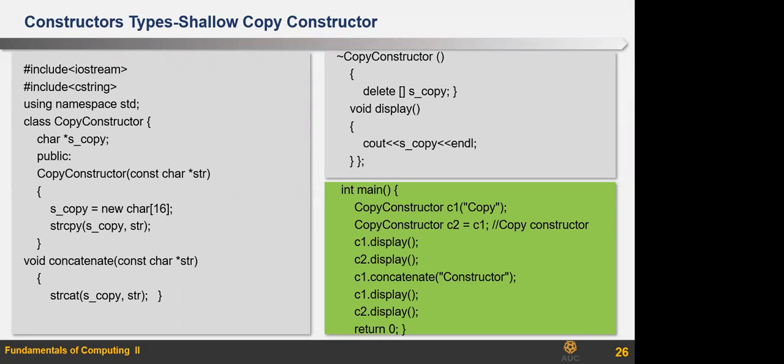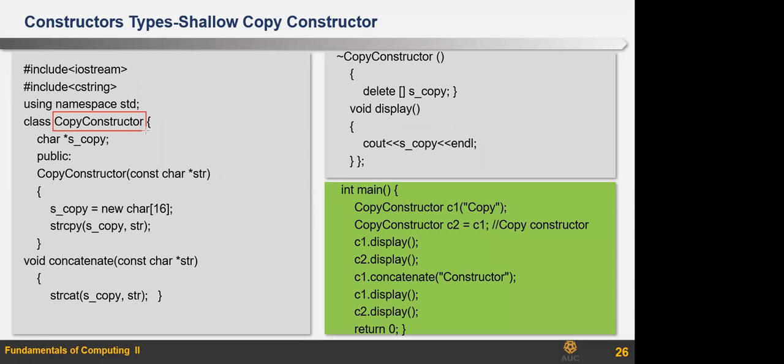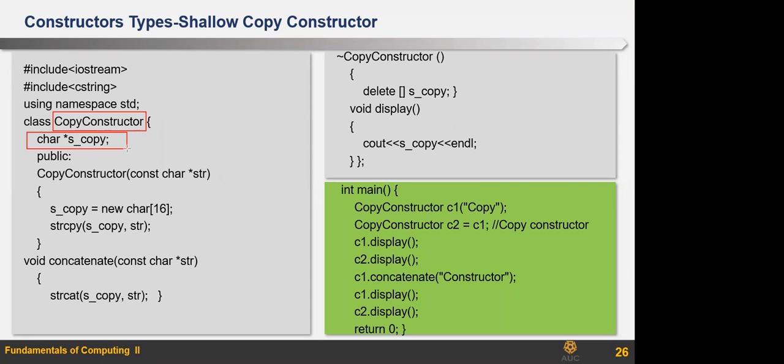Oh, yes. Yes, Ibrahim. Okay, so what is the name of this class? Copy constructor. Okay, and what is this? A string called scopy, private.